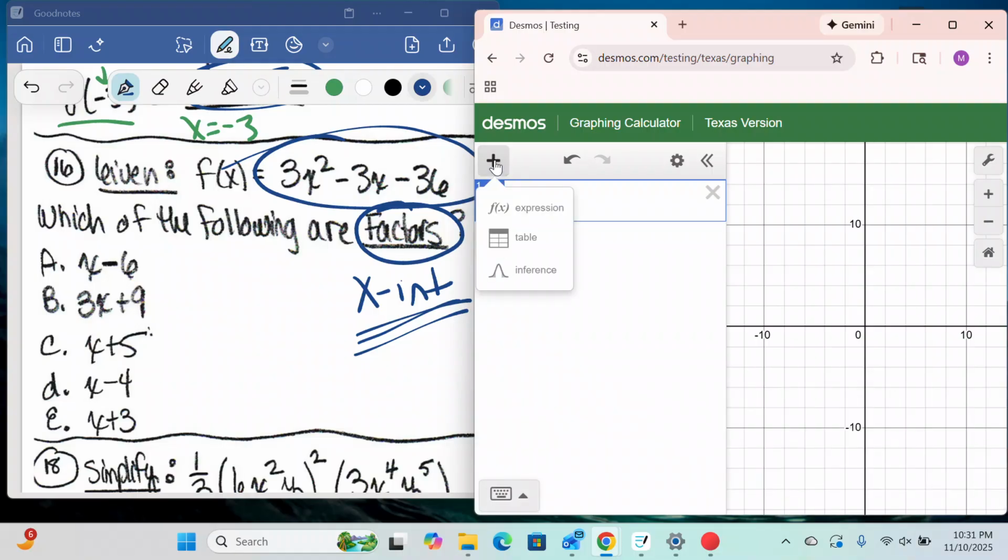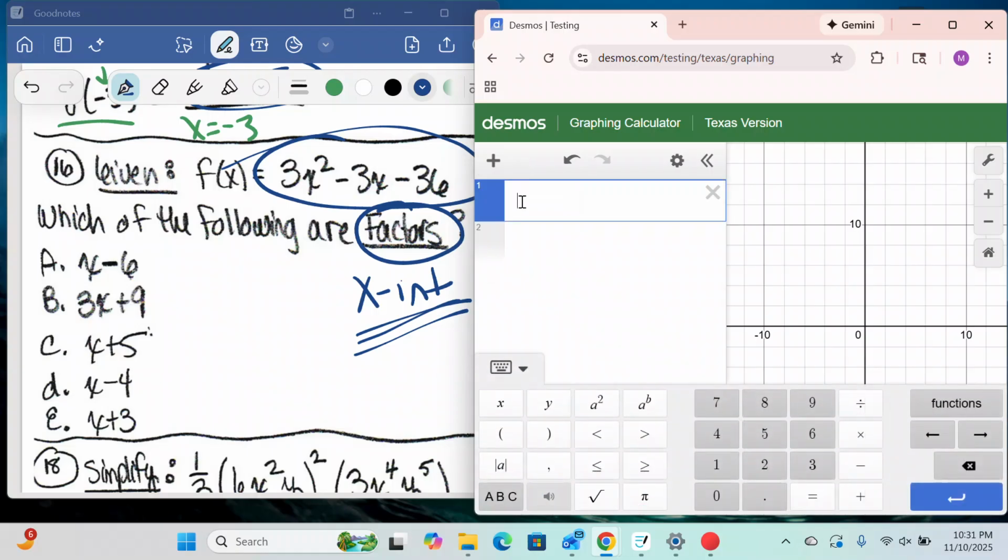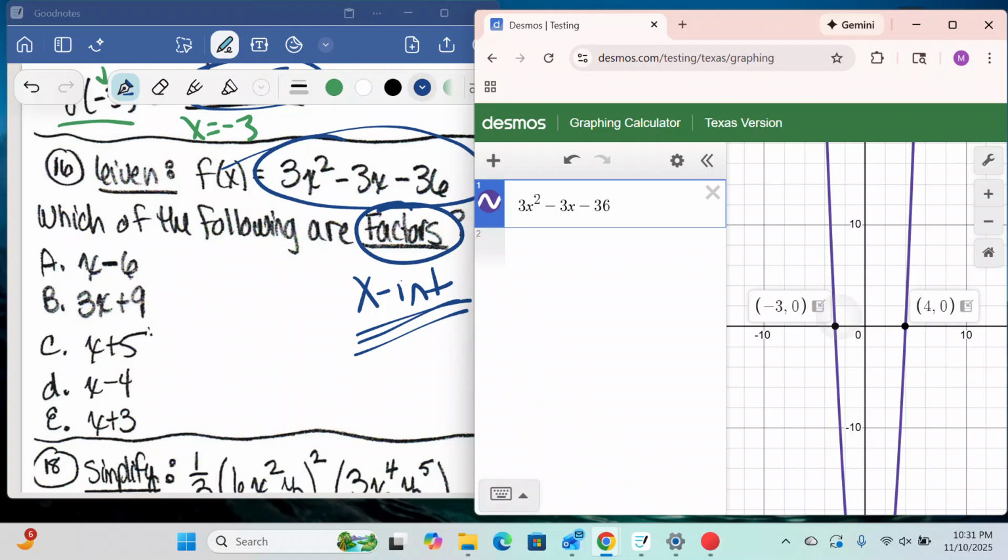There's no need to put it. So again, I'm just going to input the equation 3x squared minus 3x minus 36, which gives me my U shape. I'm going to look at my x-intercepts. My x-intercepts are 4, 0 and negative 3, 0.